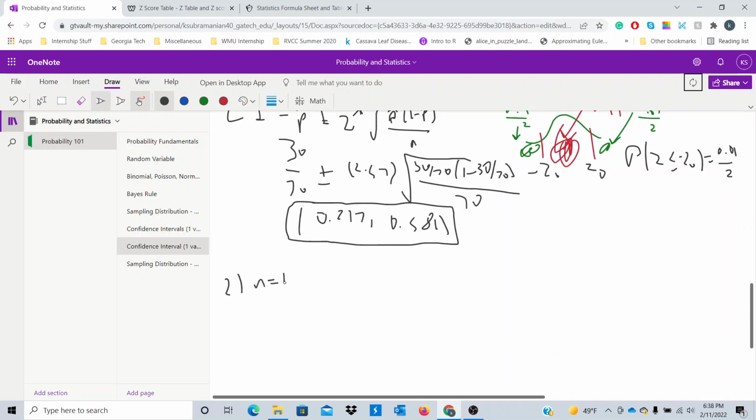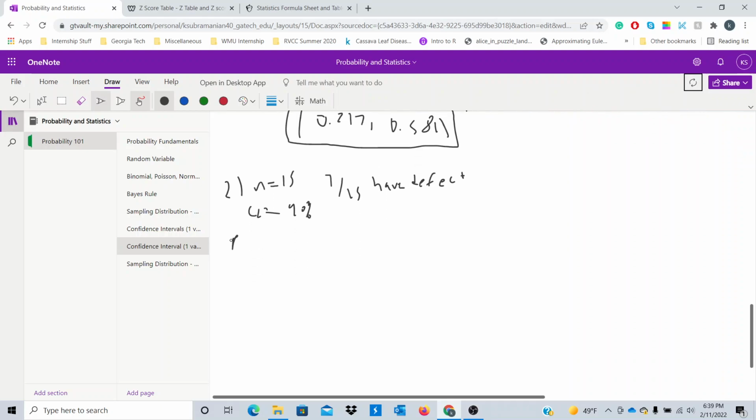We know that the sample size is 15. We know that 7 out of 15 have a defect. And we know that the confidence level, in this case, is 90%. So p hat is 7 over 15. Now we can do our normality check.